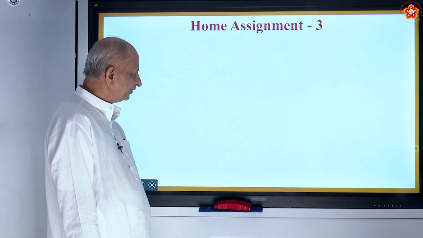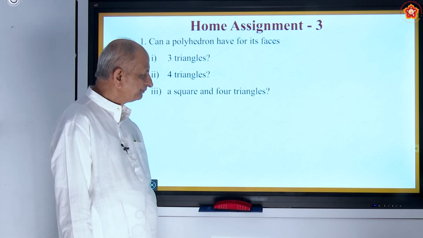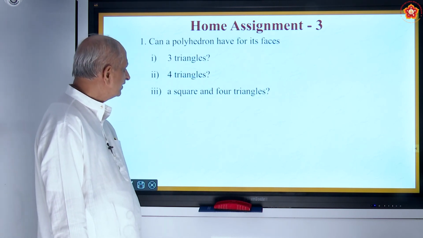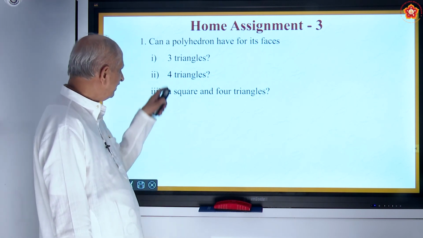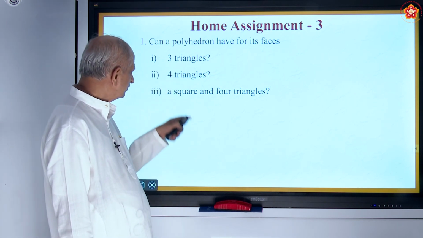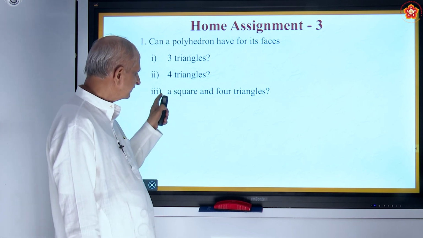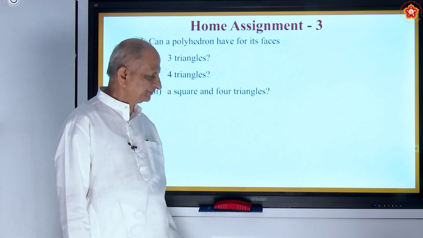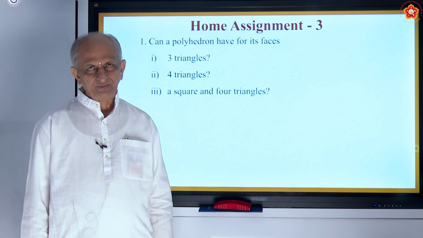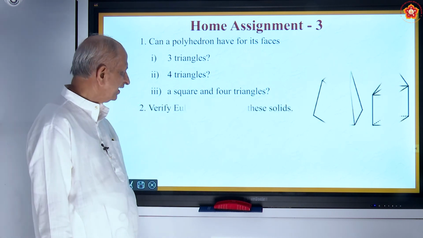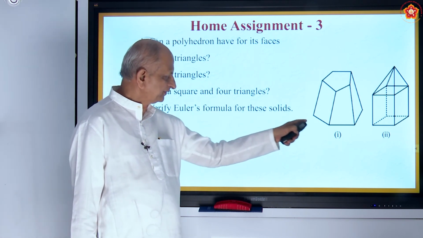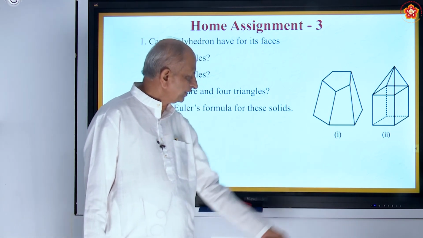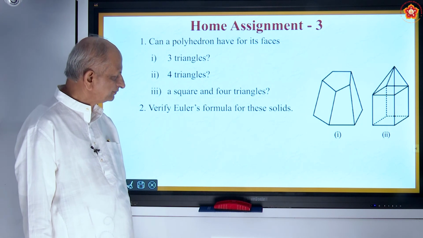Okay. Now shall we see the home assignment? First question, can a polyhedron have for its faces 3 triangles, 4 triangles, or a square and 4 triangles? They are asking, will it have? That is the question. Think and answer. Verify Euler's formula for these solids. Here are 2 solids.